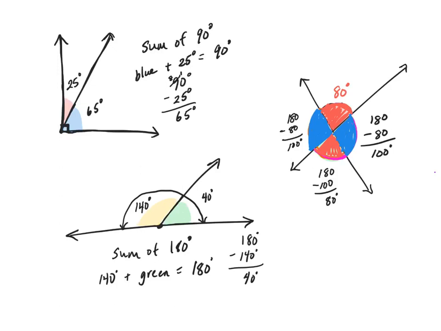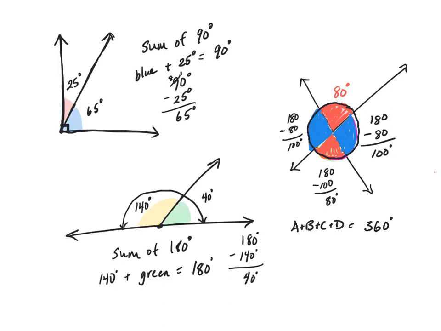One last thing to notice in this angle relationship is if I combine all four of these angles, I form a circle, and a circle has 360 degrees in it. So my four angles, A plus B plus C plus D, should combine to equal 360 degrees.